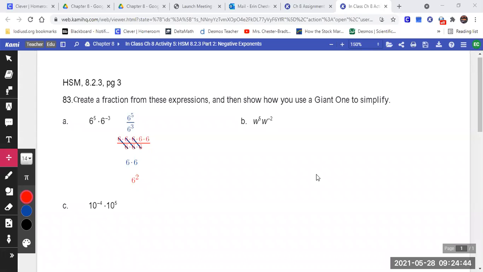So we're always going to rewrite moving the negative to the bottom where it should have been all along. Okay? So how would I rewrite this particular problem? If I'm going to rewrite it as a fraction, what's that fraction going to look like? Knowing that negative exponent ones move to the bottom. So what are we going to say this fraction is?